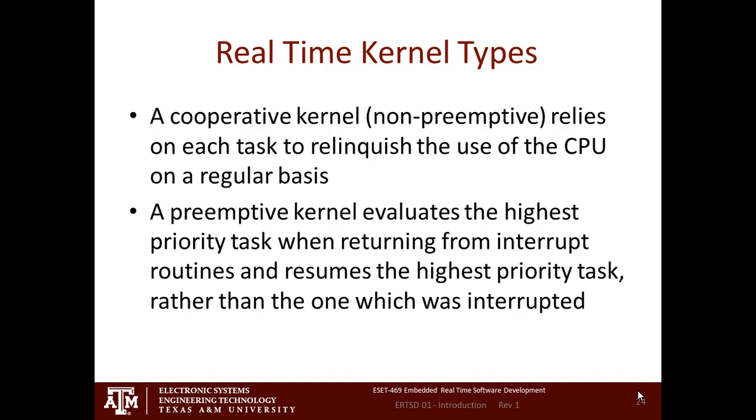In the case of a cooperative kernel, the task is truly in charge of the CPU, and the CPU doesn't stop letting that task run until the task says, I'm done, let somebody else use the computer, I'm going to take a nap. And if a task in a cooperative kernel does not let somebody else use the CPU, then no other task gets run.